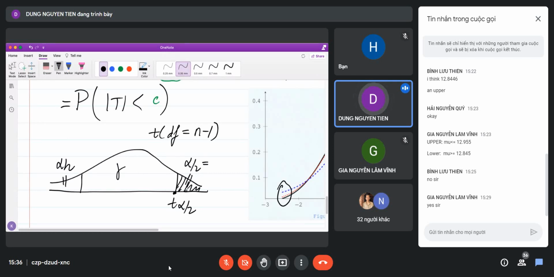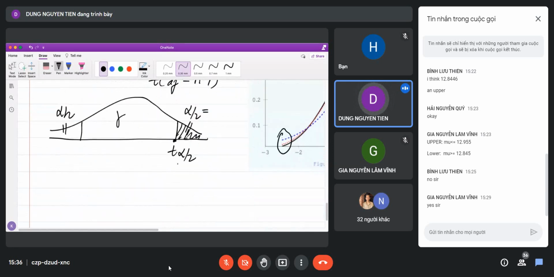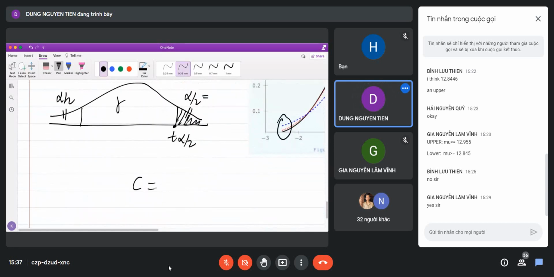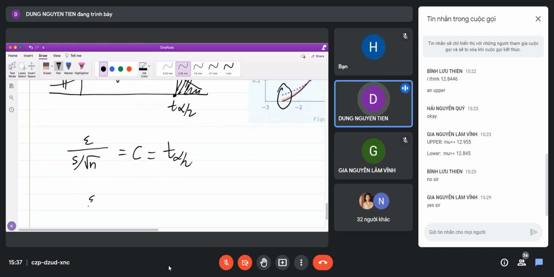You can use the table or software to determine the point. As long as you get the value of c, which is t alpha over 2, you can solve for epsilon over s over the square root of n. Then epsilon becomes t alpha over 2 times s over the square root of n.